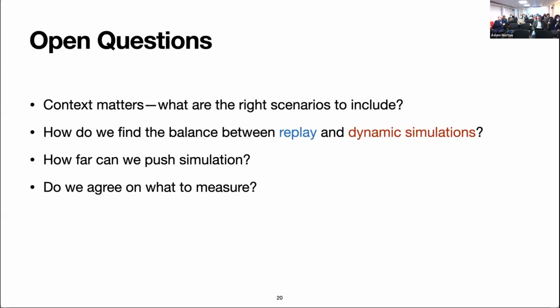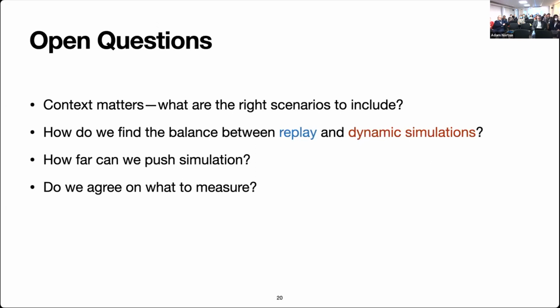But the humans in our simulation are not responsive to the robot's movement, whereas in reality, people would be responsive. People would change their trajectories based on where the robot was. So there's a balance to be struck between our replay metric and dynamic simulations, which rely on potentially suboptimal models of human movement.